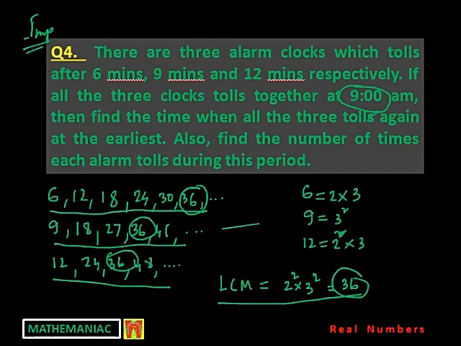So the first clock will ring 7 times. Second clock, you divide 36 by 9, 4 times, and then 1 for 9 a.m., that is 5 times. And for the third one, 36 by 12 is 3 times, then it's 4 times.